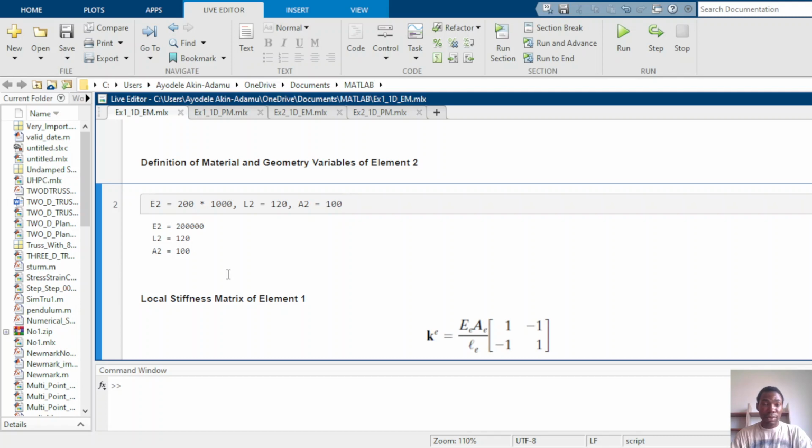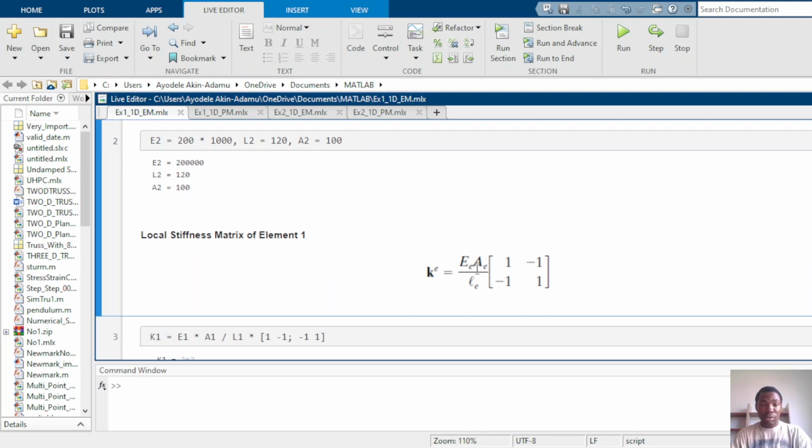After we have defined the material and the geometric properties, the next step is to calculate the local stiffness matrix of each element. We start from element 1. We calculate the local stiffness matrix of each element using this formula, E A over L times this matrix.